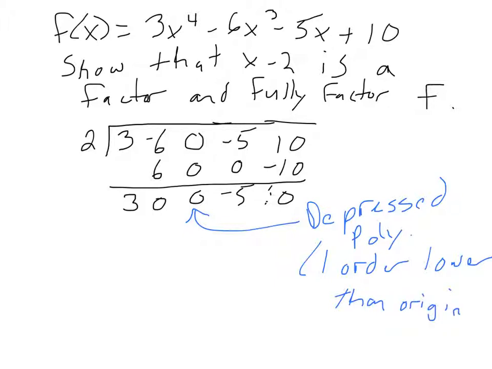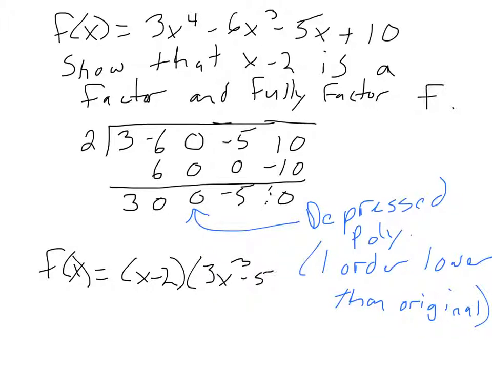All right, meaning that because this was a 4th order polynomial right here, the depressed polynomial is going to be 3rd order, and this is going to be the cubic term, this will be the squared term, this will be the linear term, and this will be the constant term. So what I'll get here is that f of x is going to be equal to x minus 2 times the depressed polynomial, which is the quotient, which is 3x cubed minus 5.